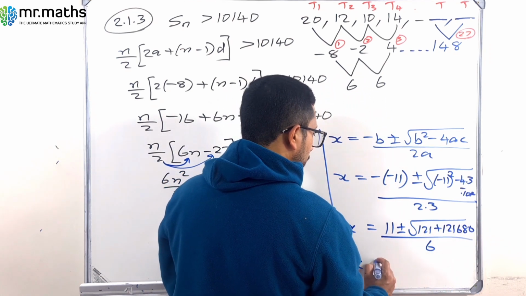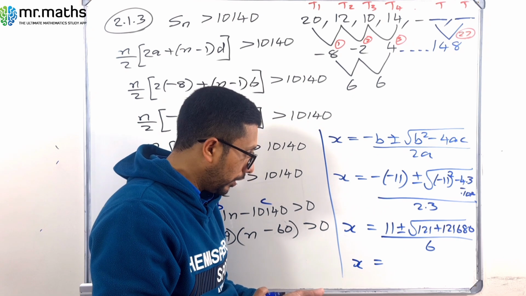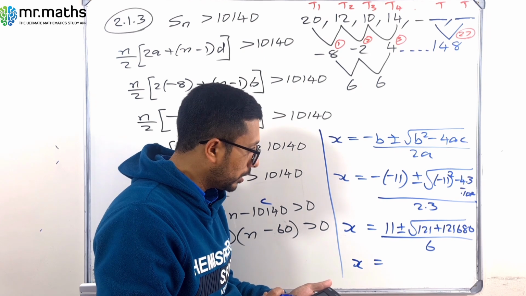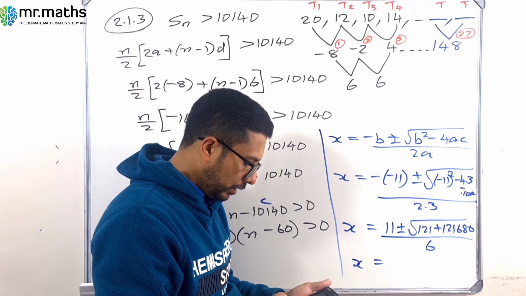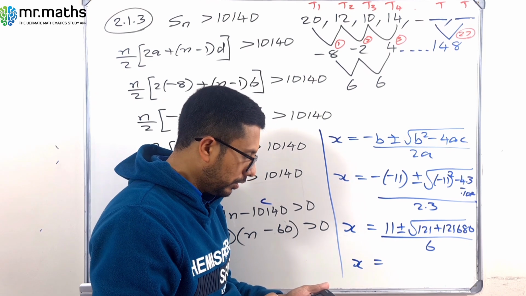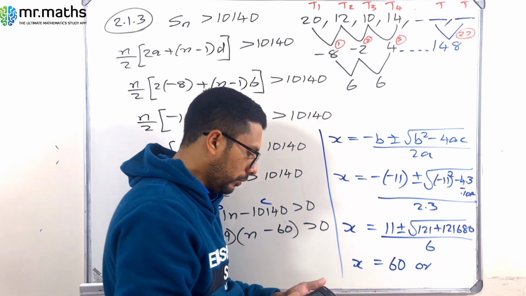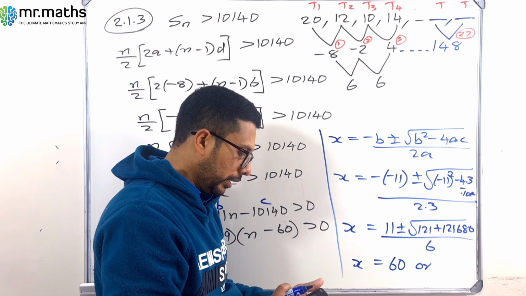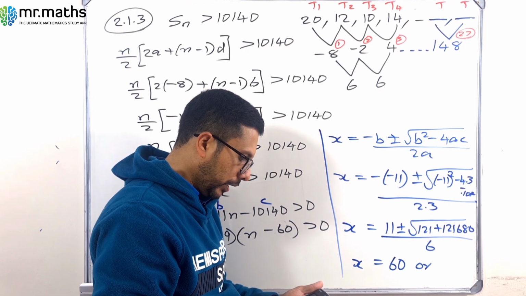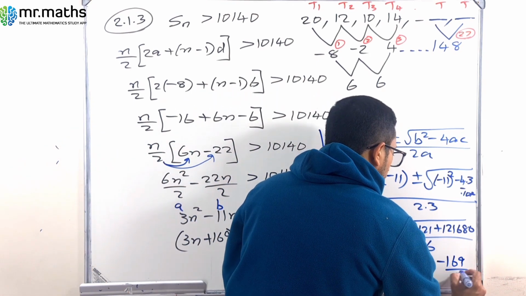First we can take the positive value: 11 plus the square root of 121,680, divided by 6. So the first x value is 60. Then we can take the minus value: 11 minus the square root, so there it is minus 169 divided by 3.